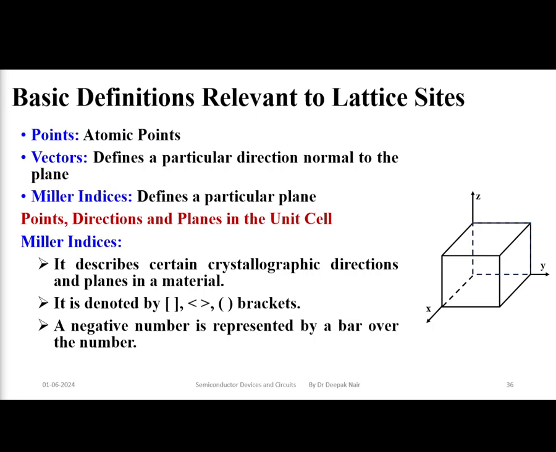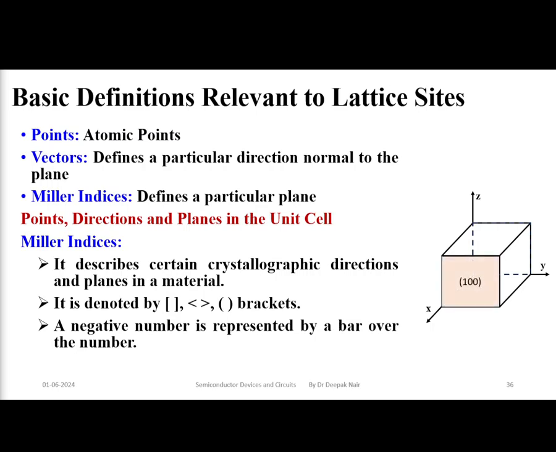So here we have the basic unit cell where we have the x-axis, y-axis and z-axis. Now, to name a plane, or to represent different planes, we have to use Miller indices.